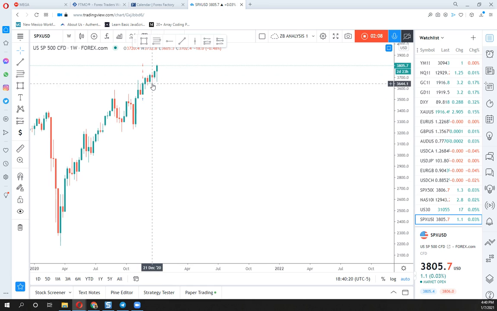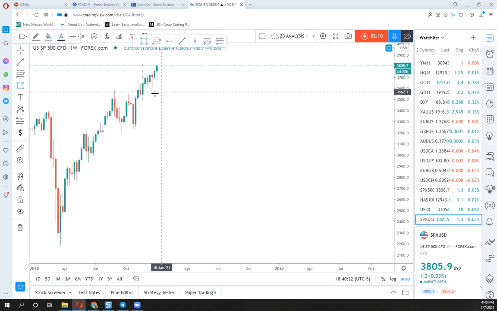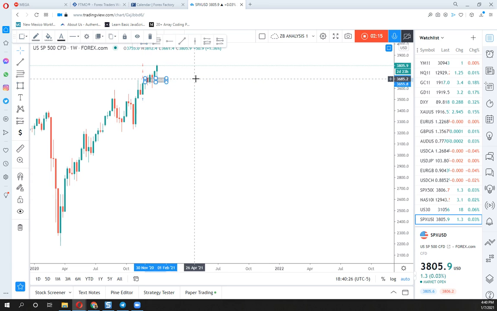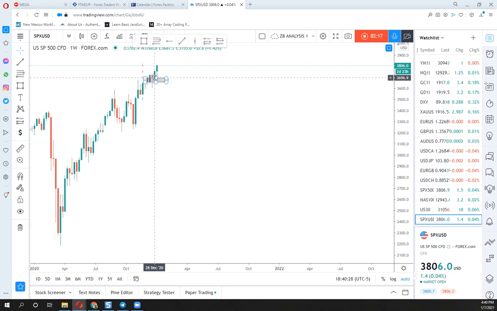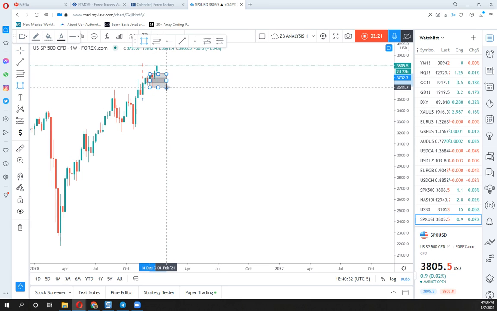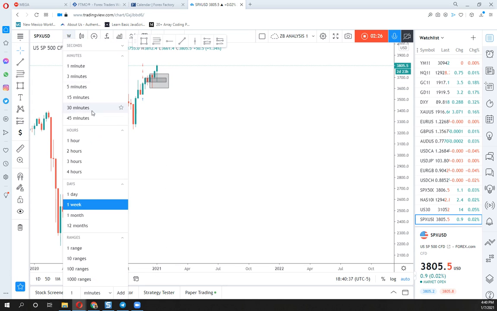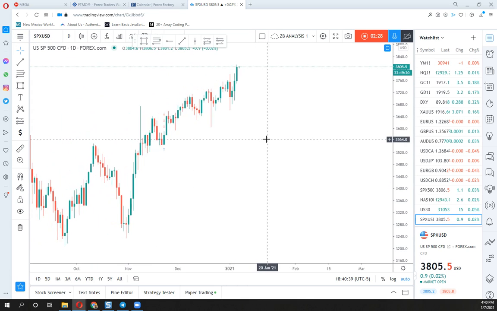So yeah, we're testing this order block here. Look at the bottom of this order block and look at this whole order block. We're still in the range of that order block. So the price was still bullish. It was only retracing to the higher time frame.